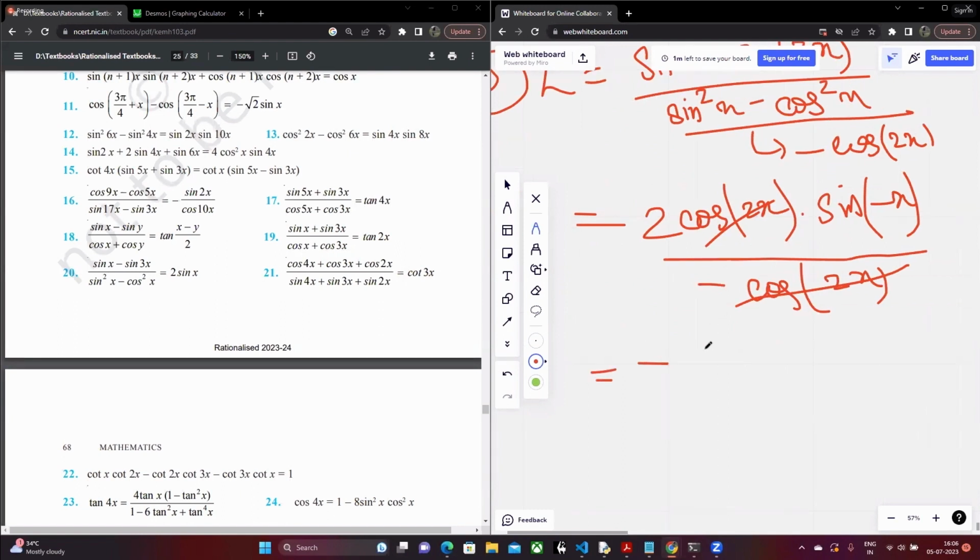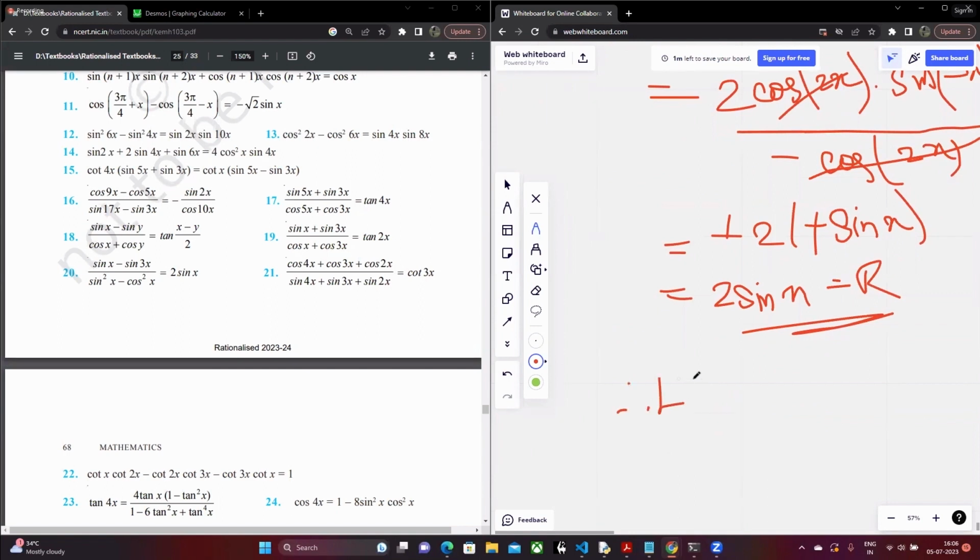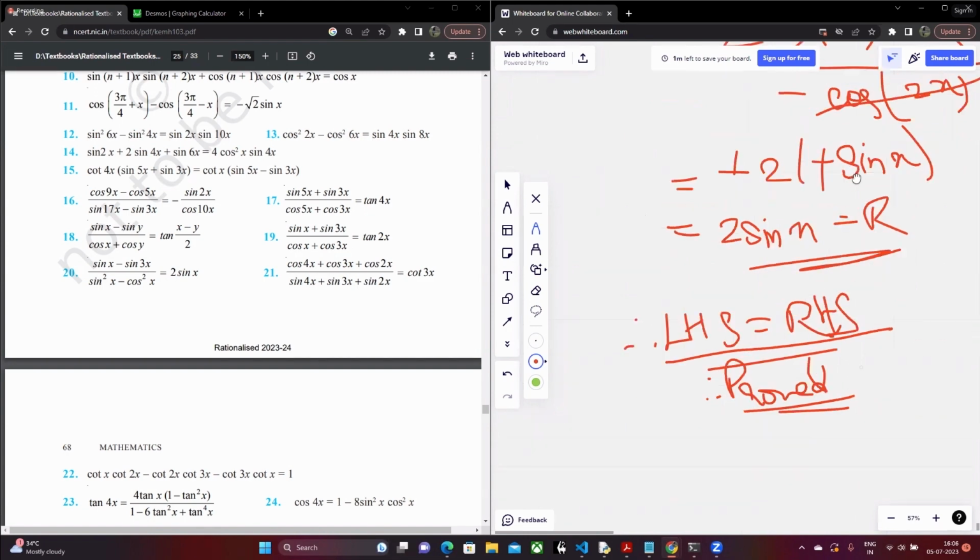You are left with minus 2 times minus sin x, right? Minus and minus cancel out. This becomes 2 sin x, which is equal to the right hand side. Therefore, LHS is equal to the RHS.